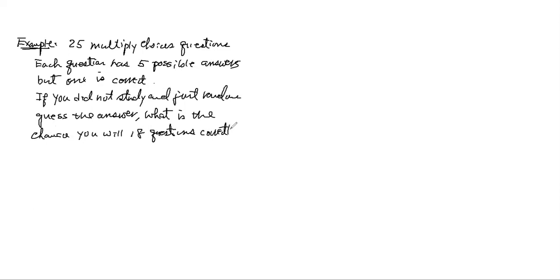Okay, let's see. I'm doing this one here. Does this one satisfy what we call the binomial? First, n is fixed, right? I know n is 25 questions, so you have 25 multiple choice questions. So n is fixed.